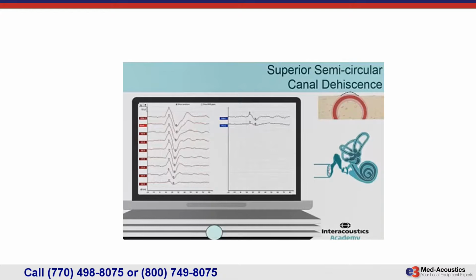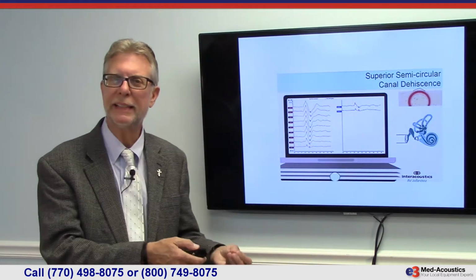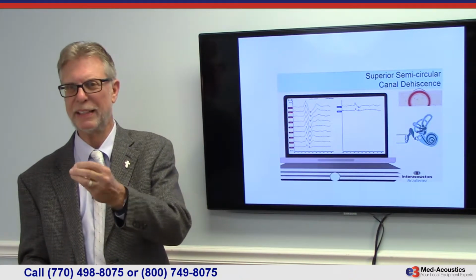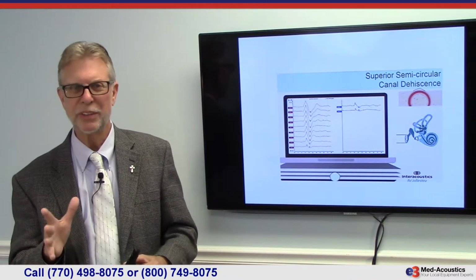In superior canal dehiscence, a lot of times it is a little confusing because you have one response that's extra large, it's enhanced, and on the other side it maybe seems normal. So is the other side weak? Is that my problem? Or is that enhanced side enhanced? Sometimes it's hard to tell.